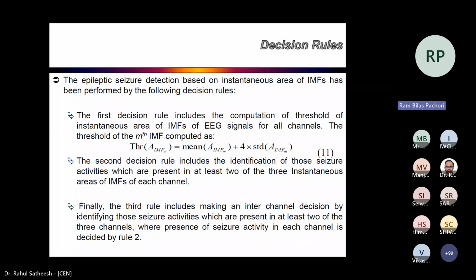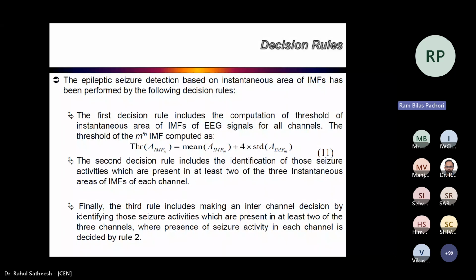The second decision rule requires the identification of those seizure activities which are present in at least 2 of the 3 instantaneous areas of the IMFs of each channel. After that, the third rule requires making an inter-channel decision based on the identification of those seizure activities which are available in at least 2 of the 3 channels, where the presence of seizure activity in each channel is decided by rule 2.